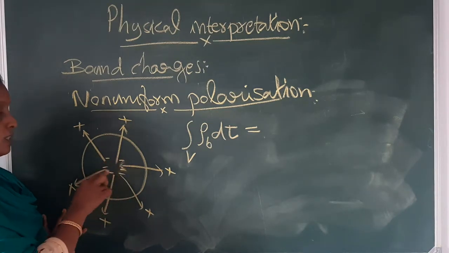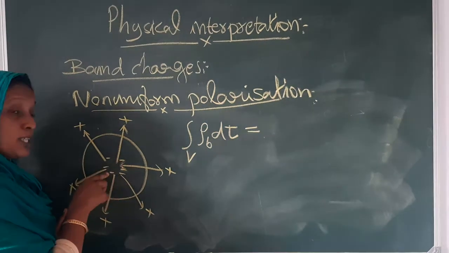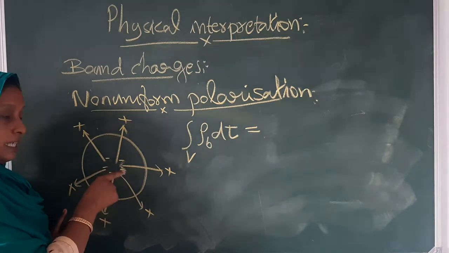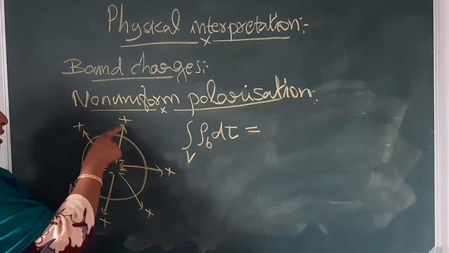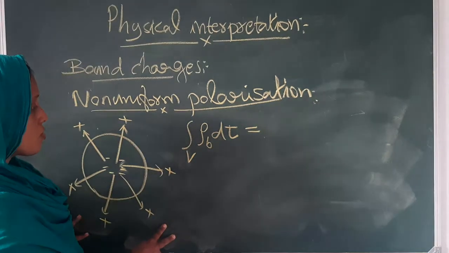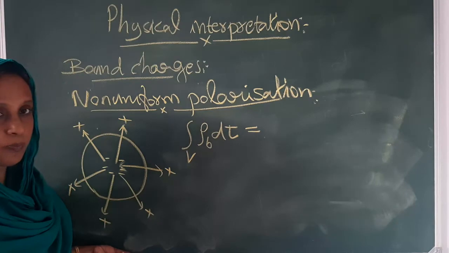This is called bound charge because these are not free electrons; they are associated with the dipole moment.